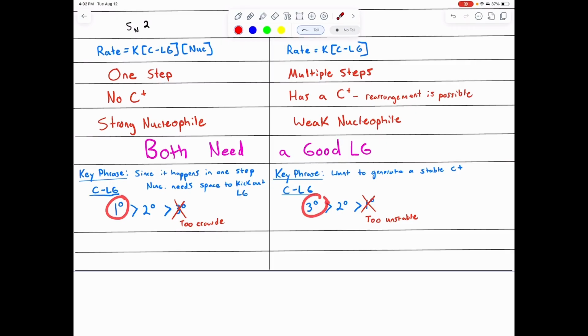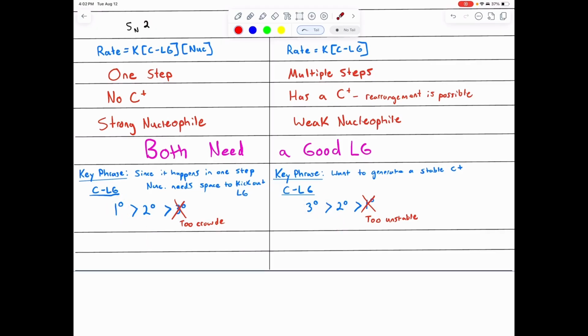If you have a tertiary leaving group, you are pretty much guaranteed to go SN1. But they overlap at secondary leaving groups. And you best believe that your professor is going to hammer home that gray area of, well, if you have a secondary leaving group, which reaction happens? That's what we're going to figure out in the next videos.